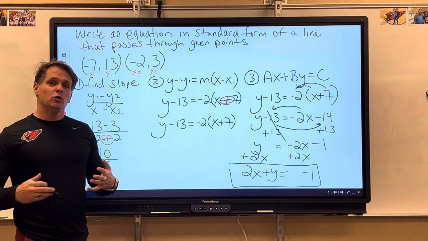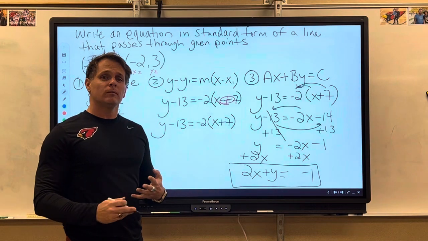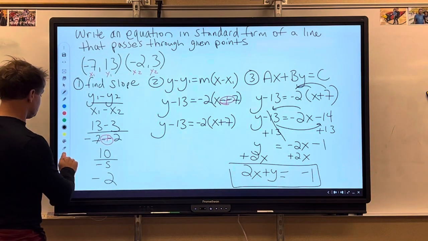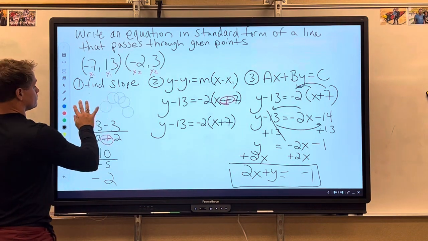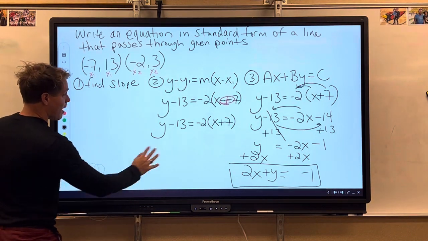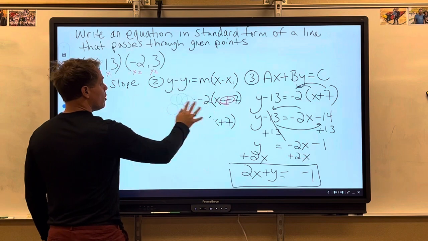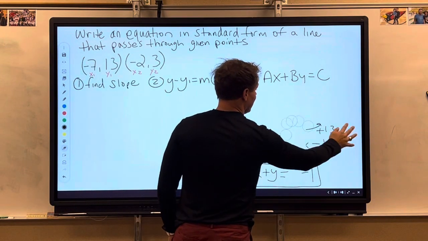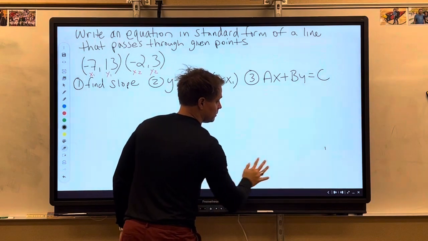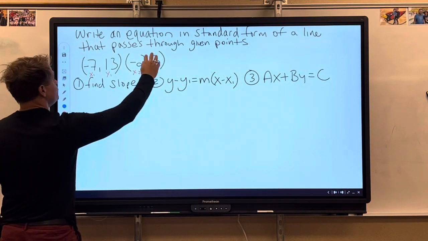Now, I'm going to give you another problem to try on your own. I want you to pause the video after I give you this problem, and try it on your own. Once you've tried it, we'll go through the answer together and see if you got it right.